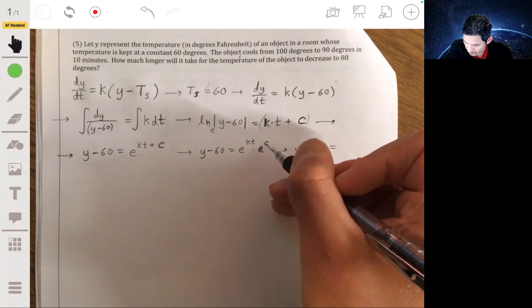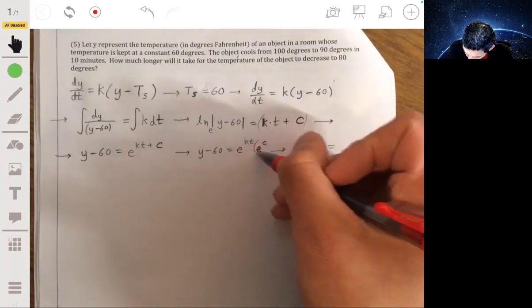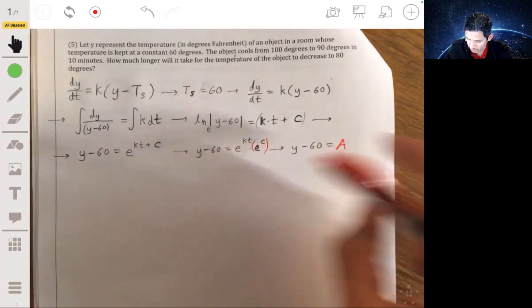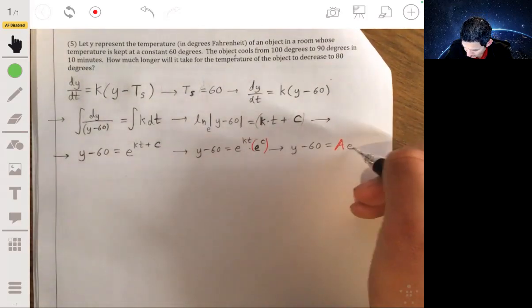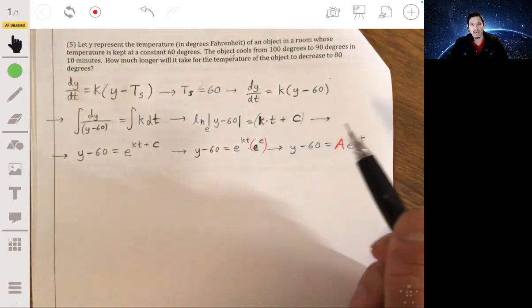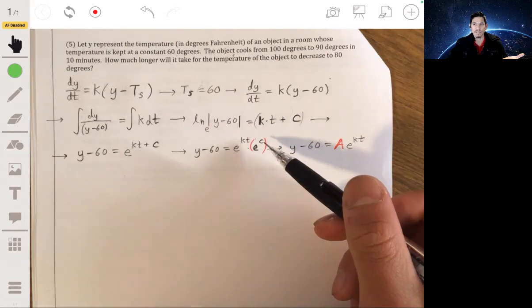If we make e to the c equal to a, then a is essentially just the coefficient of this. It's just a times e to the kt. And that's because, remember, e to the c is just a number.